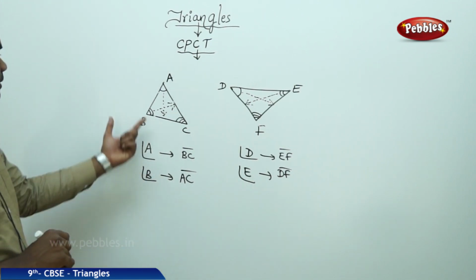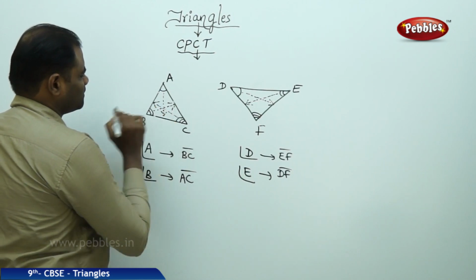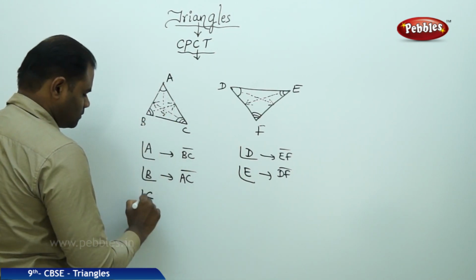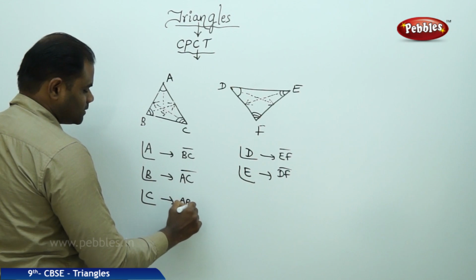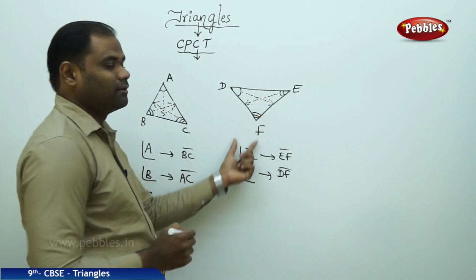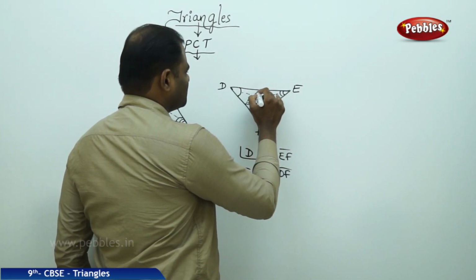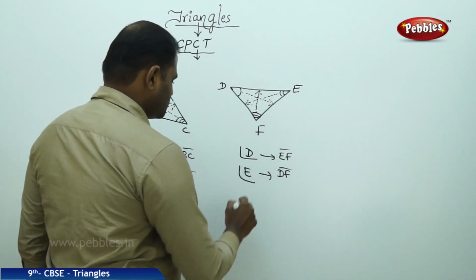And lastly, for angle C, my side is AB, and the corresponding angle for C is angle F. Therefore, its corresponding side is DE.